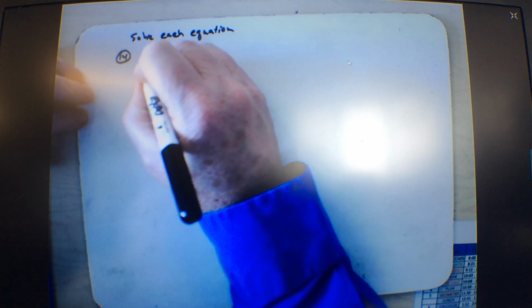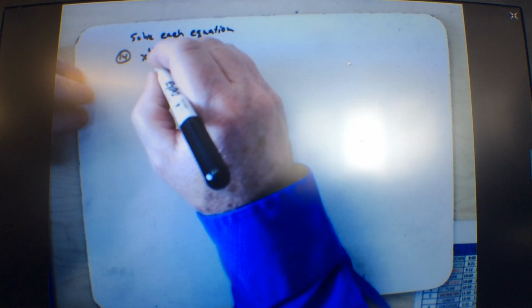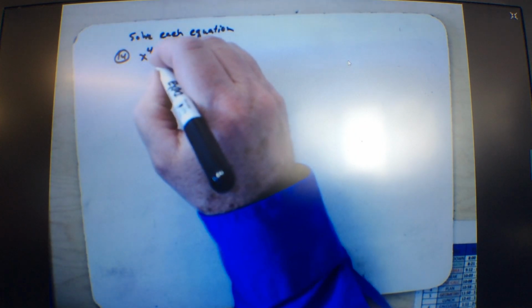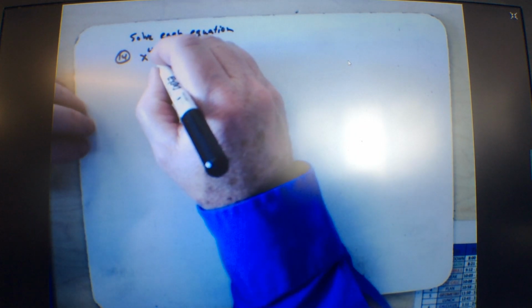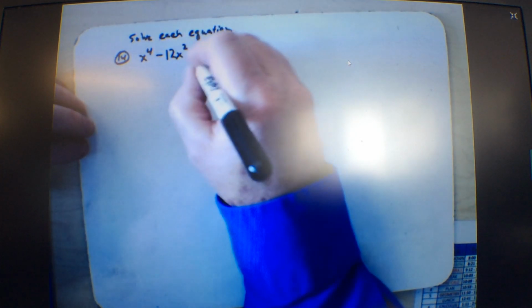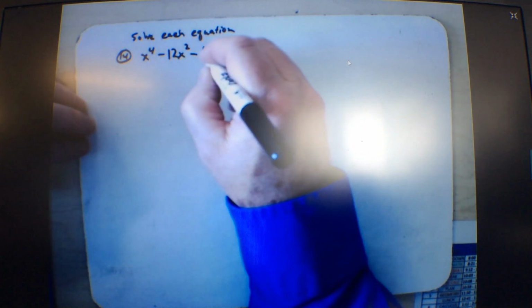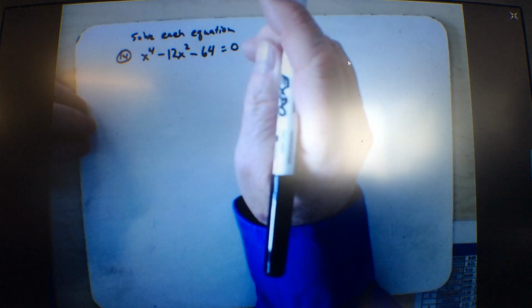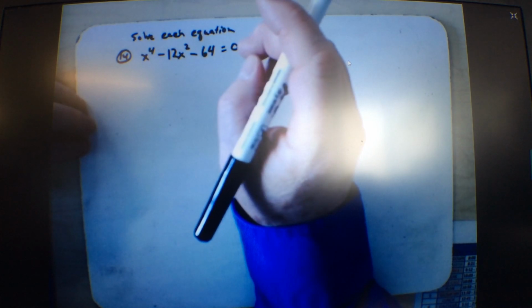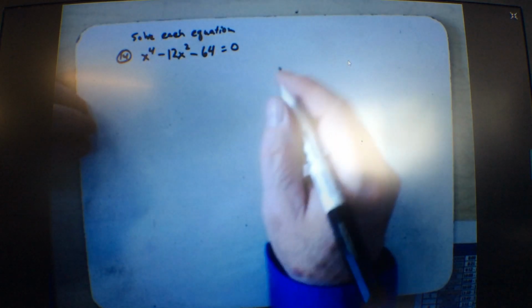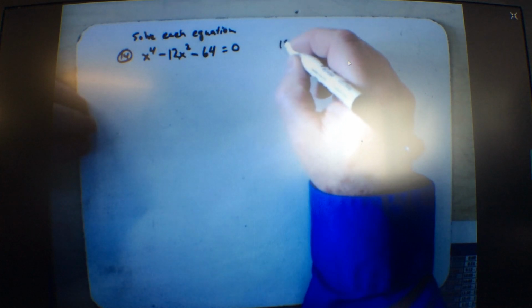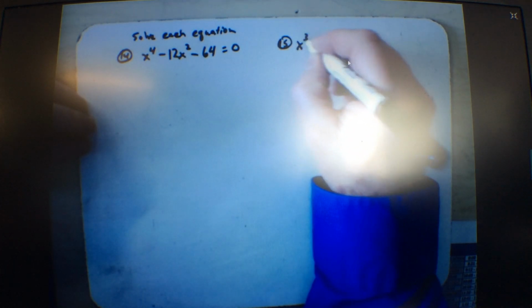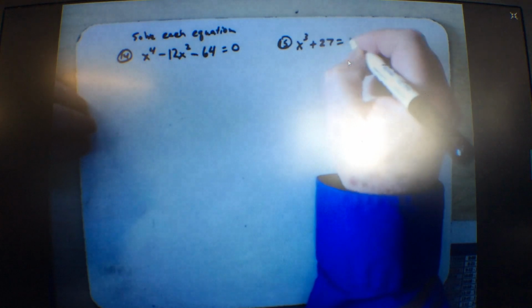Okay, so I will have x to the fourth minus 12x squared minus 64 equals 0. And then something like this: 15 is x cubed plus 27 equals 0.